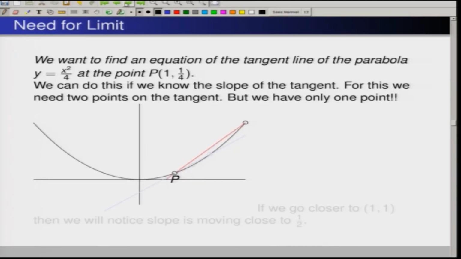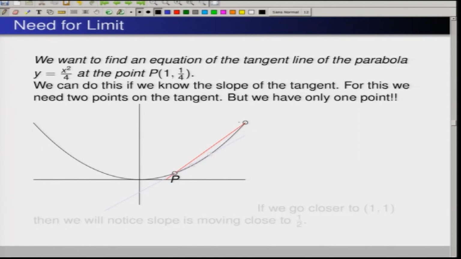Then I join the line passing through P and Q. Now, I have 2 points, I have information about P as well as Q, because whatever the value of Q is, it is a point on the parabola. If this is 1, 1 by 4 and if this is 2, then this is going to be 1. So, I know P and Q with specific x coordinates, so I can find out the slope.